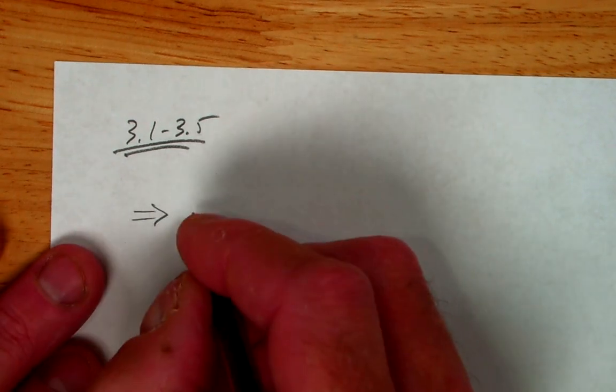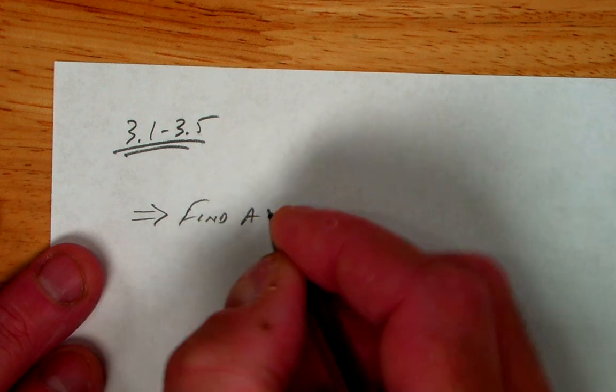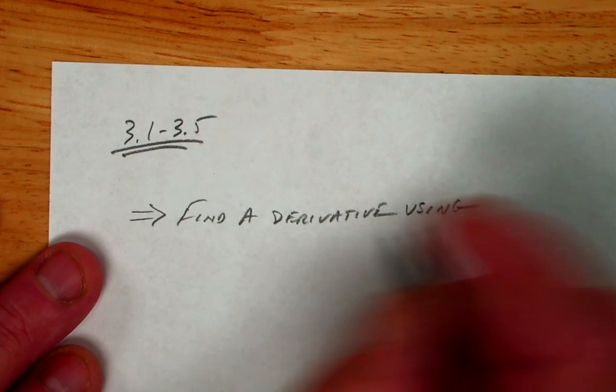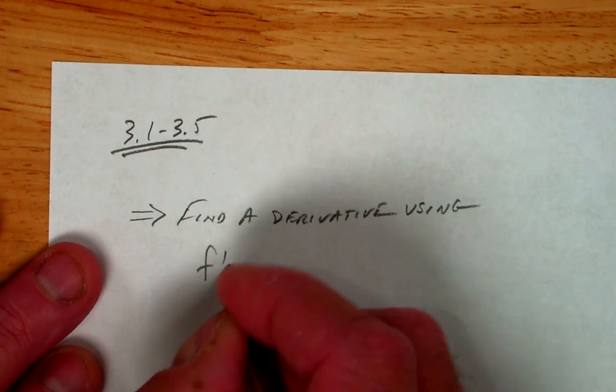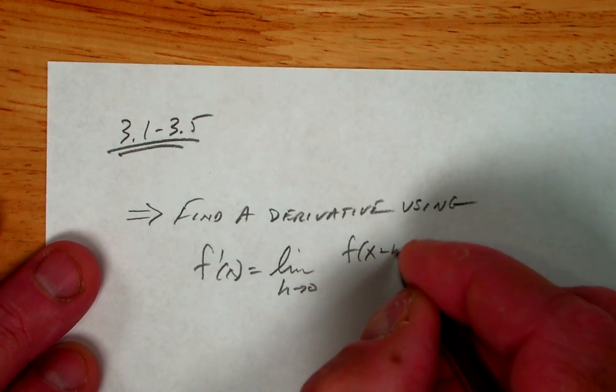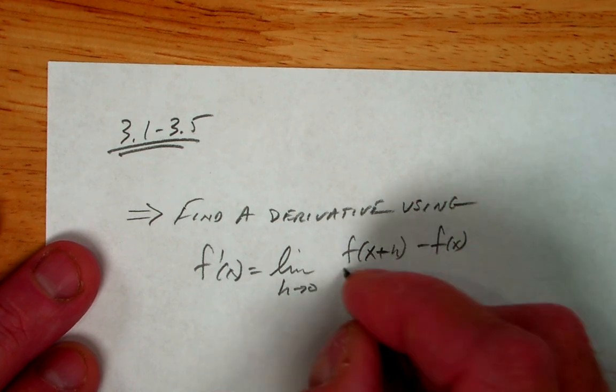Okay, I don't know if this is necessarily from 3.1, but I do want to be able to find a derivative using the fact that f prime of x equals the limit as h approaches 0 of f of x plus h minus f of x all over h.